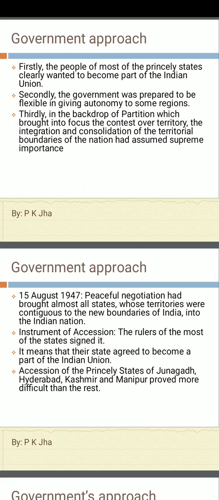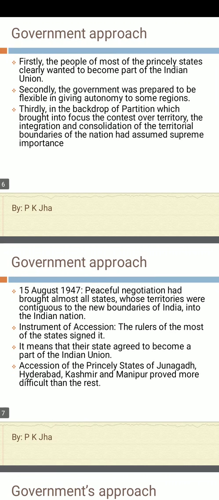Certainly, on August 15, 1947, peaceful negotiations had brought almost all states whose territories were contiguous to the new boundaries of India. Most of the states gave their consent, they saw the brighter side, they understood, and they joined India.